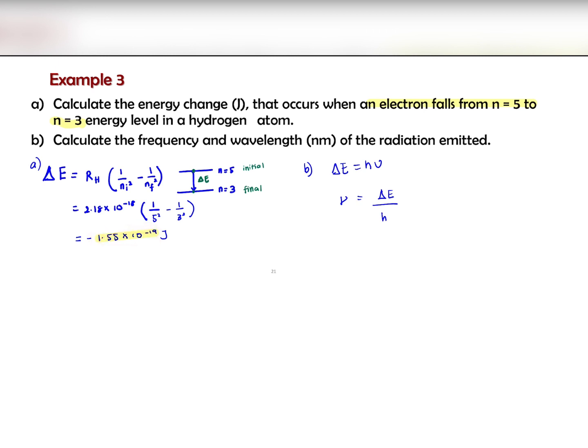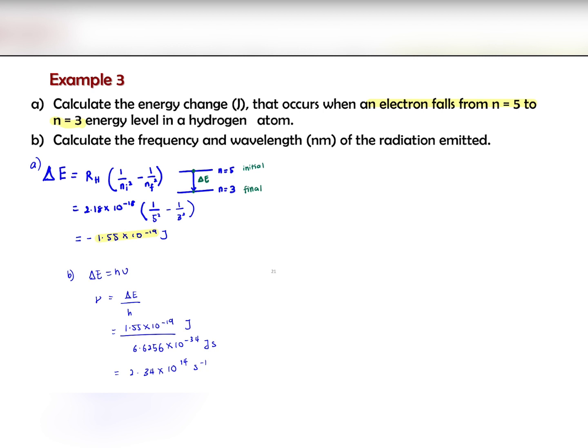Tak perlu ambil negative sign. Okay, so bila kamu substitutekan dalam formula, kamu akan dapat begini. Your final answer will be 2.34 exponent 14 per second. Okay, units dia per second ataupun s^-1 or can be hertz because it is frequency.